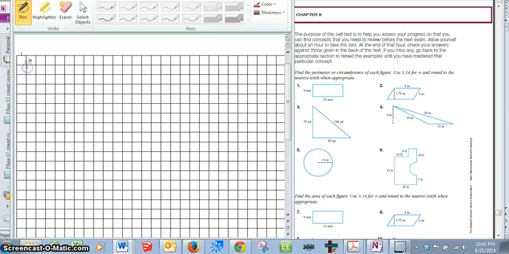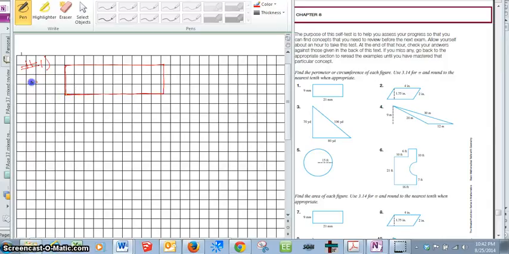Okay, so number 1. We're drawing on graph paper so that your lines can be guided by the graph paper, both horizontally and vertically.